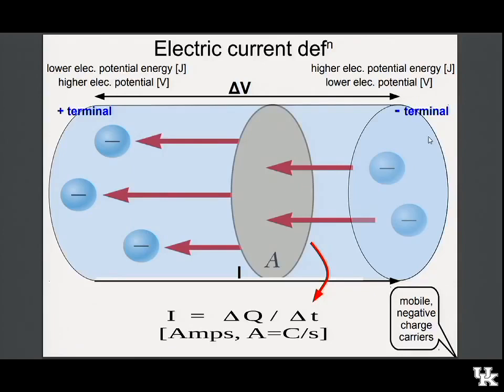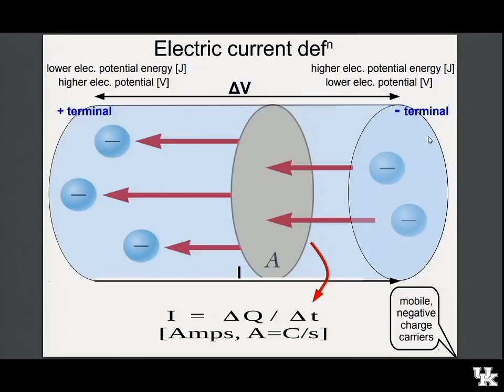Over here on the far left, this is still a higher electrical potential, so this is still the positive terminal. Over here on the right, this is still lower electrical potential, so this is still the negative terminal. That's not changed in this picture.